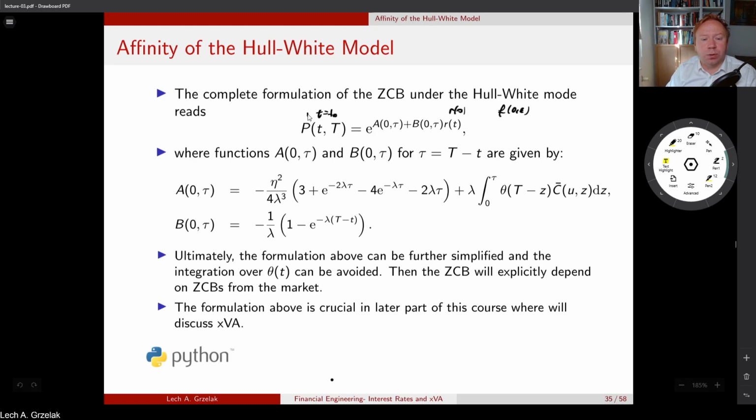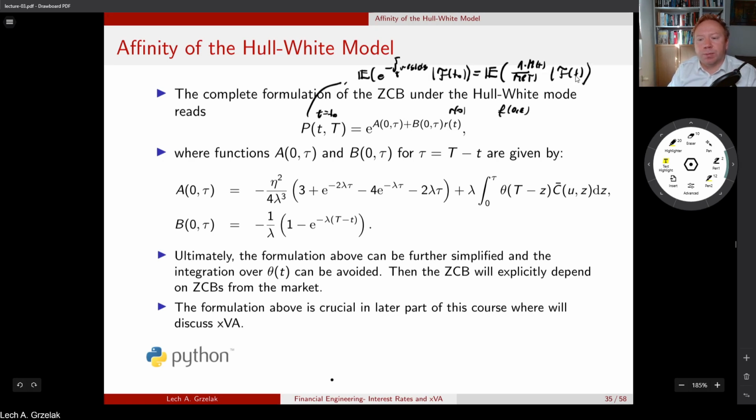And before, how we were doing, we were calculating this zero coupon bond as the expectation of e to the minus integral from t to capital T of r_s ds, given filtration F_t0. This is equivalent to the expectation of 1 over M at capital time T, and here we have M at small time t.